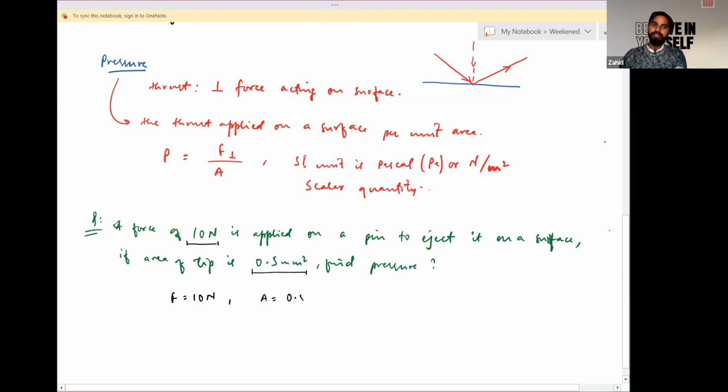Area of cross section is 0.5 mm square. So convert it in terms of meter square, so it will be 10 to the power minus 6 meter square. Put all the values in the formula: pressure equals force by area. Force is 10, area is 0.5 into 10 to the power minus 6. So it will be 2 into 10 to the power 7 Pascal.